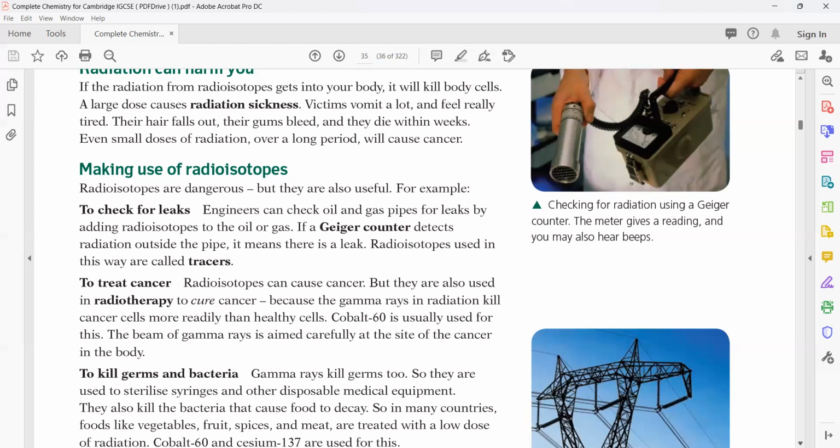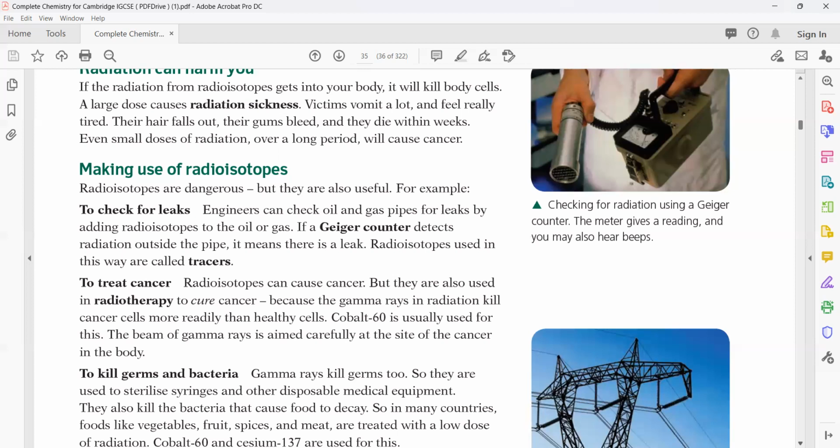To treat cancer, I just explained this to you. Radioisotopes can cause cancer, but they are also used in radiotherapy to cure cancer, because gamma rays, you know very well what they are, in radiation kill cancer cells more readily than healthy cells. Cobalt 60 is usually used for this.